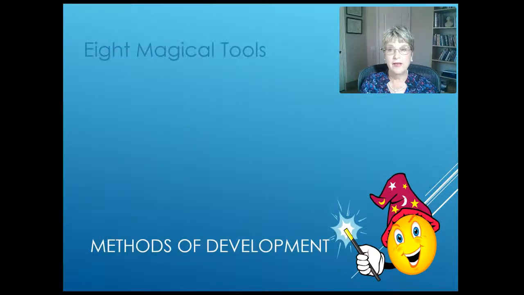I call them the 8 magical tools, because they are indeed magic, because these tools can turn any piece of boring, undeveloped writing into something vivid and memorable. The first magical tool, or method of development, is narration. The second is description.